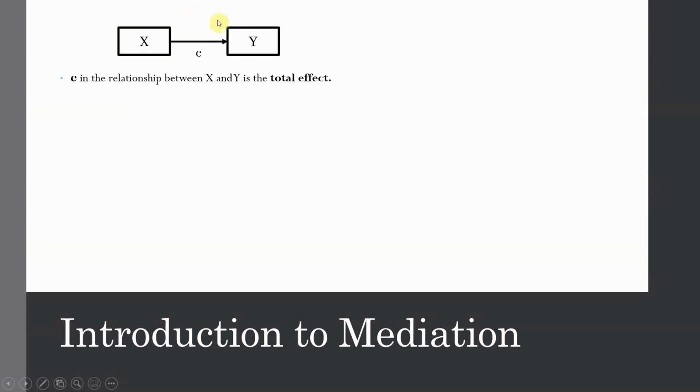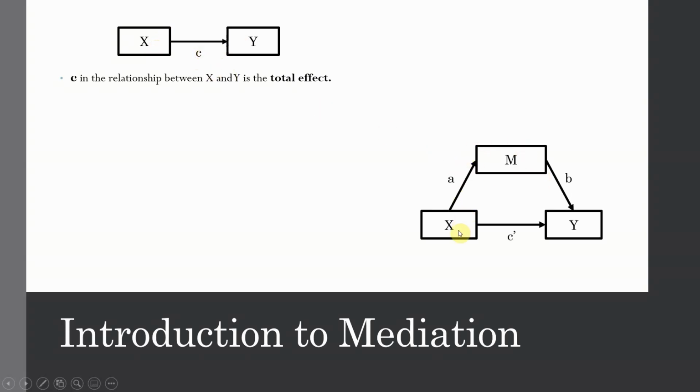Because there is no other variable in the model, and the effect of X on Y can be referred to as the total effect. Now here, the relationship between X and Y is represented by C complement, and this relationship is referred to as direct effect because some of the effect may be passing through this other variable, which is the mediating variable. So what happens is X influences M and M influences Y.